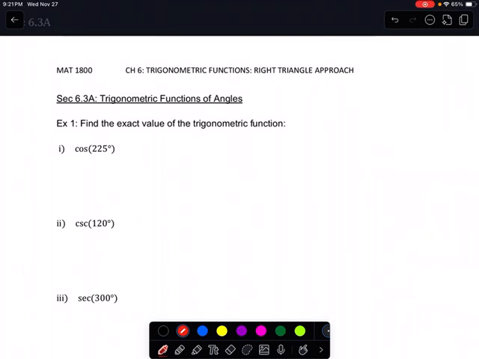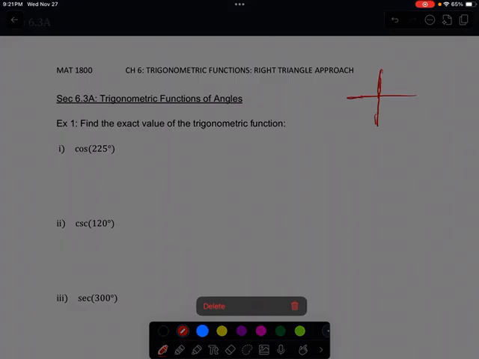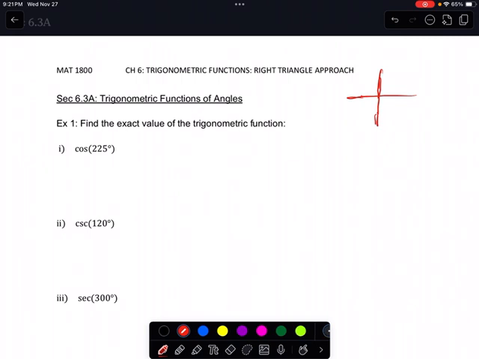Remember we learned that an angle will be in standard position if we put the vertex of the angle on the origin and then put the initial side of the angle on the positive x-axis, and then the terminal ray can be anywhere in the quadrants or on the axes.